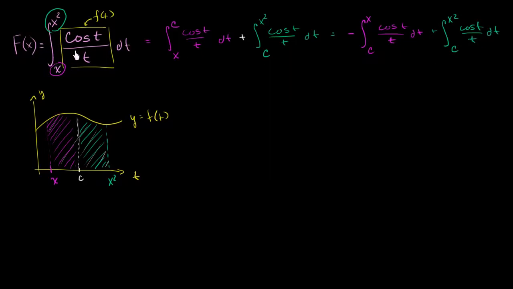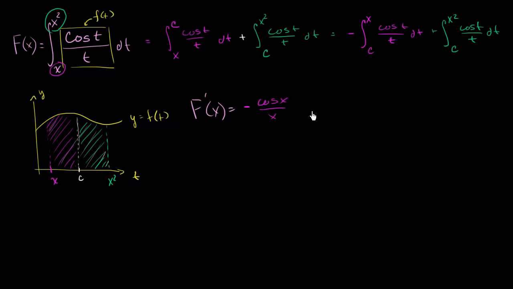So all we've done is rewrite this in a way that we're used to applying the fundamental theorem of calculus. If we want to find F prime of x, applying the derivative operator over here, we're going to have a negative out front. It's going to be equal to negative cosine x over x. Once again, just the fundamental theorem of calculus.